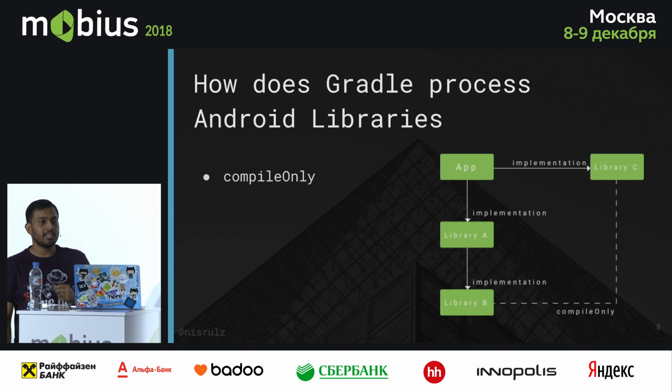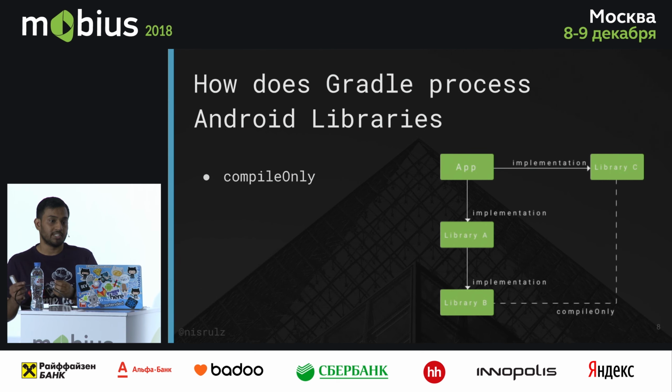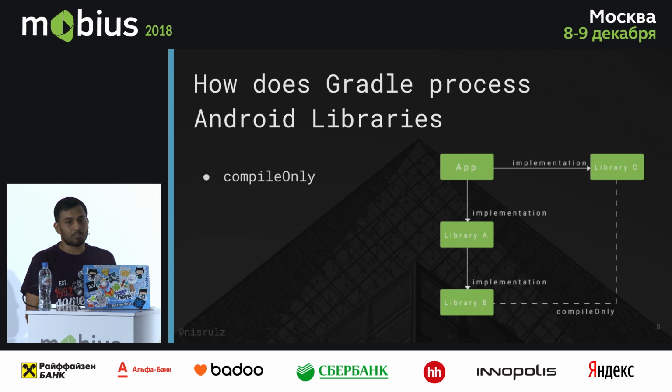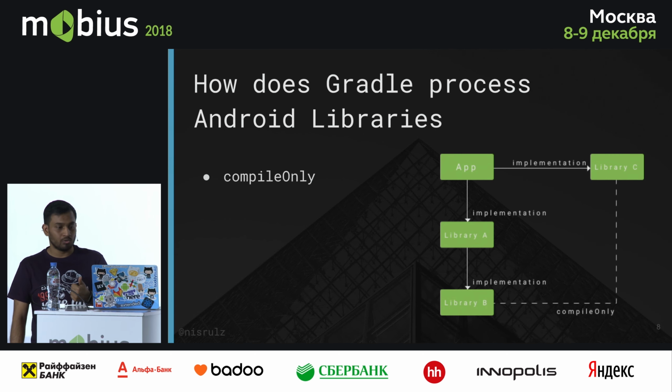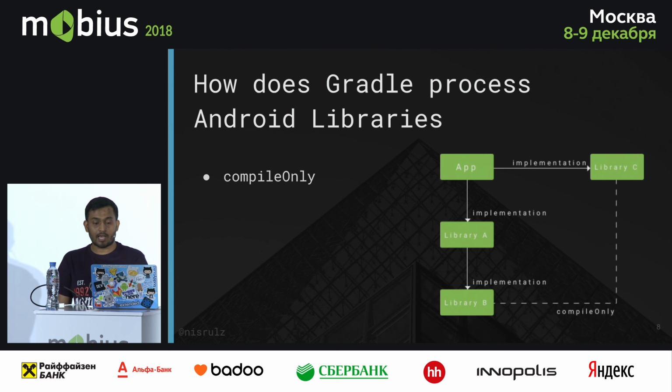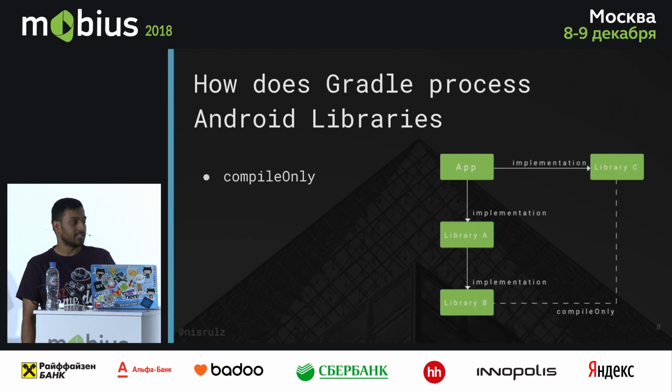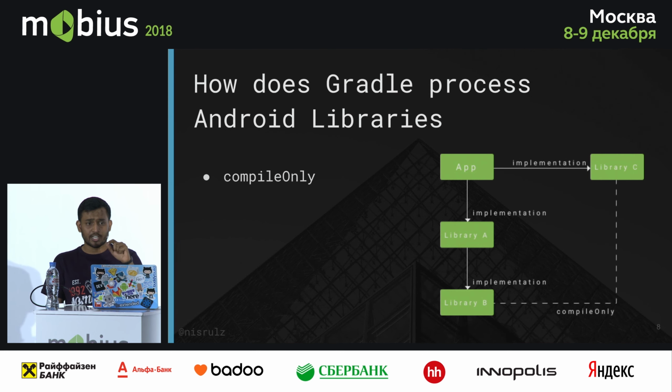Now, compileOnly is supposed to say that the classes are available in the class path when the compilation process is completed. So in the same example that we are talking about, you have an app module that references library A module with an implementation keyword, and then library A goes on to reference library B module with an implementation keyword. Now, here's the change here.